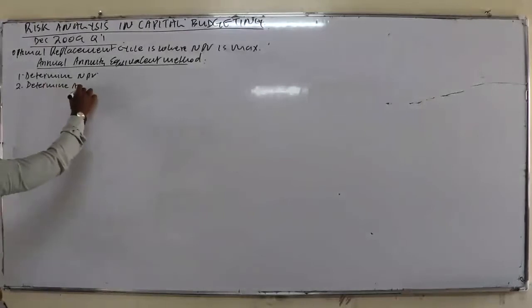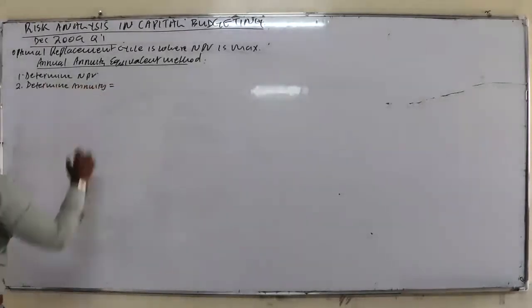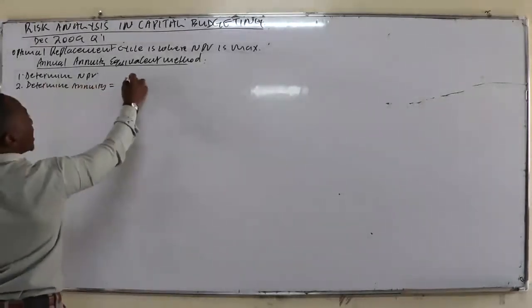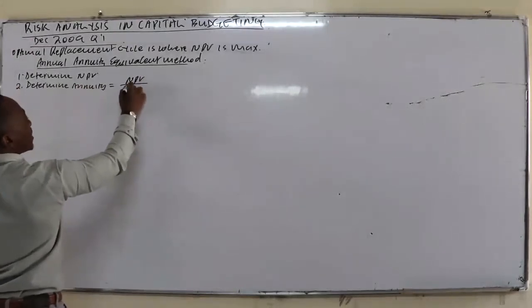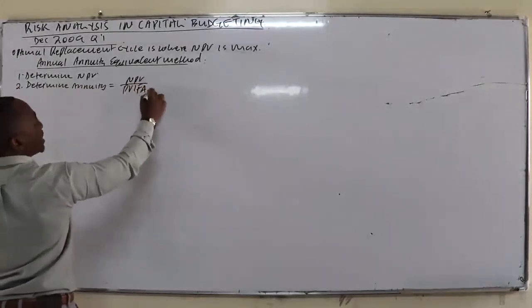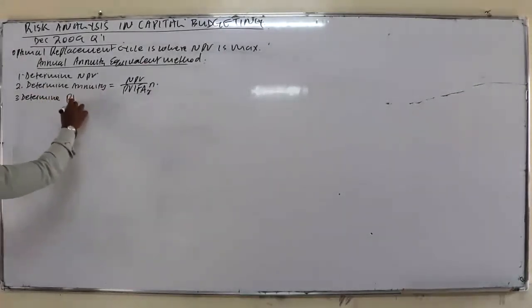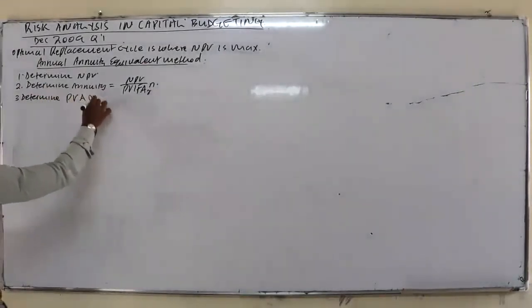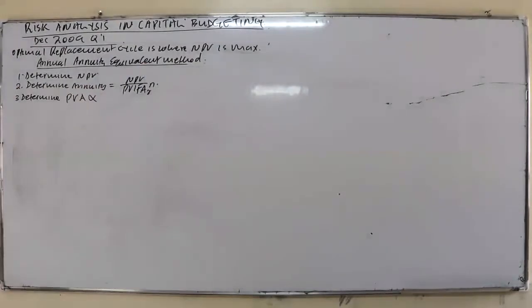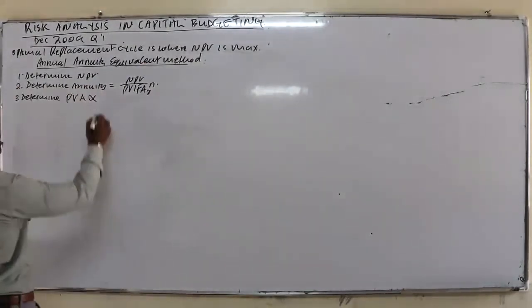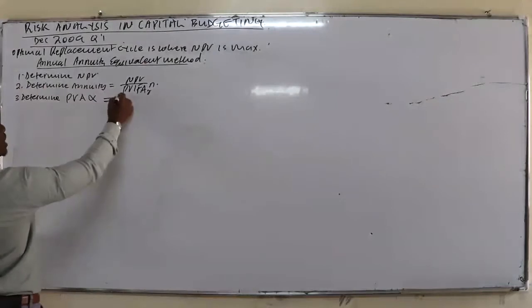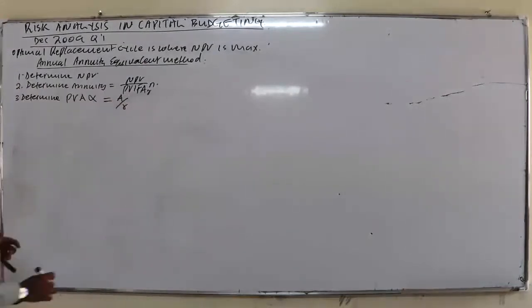How do we get the annuity? You take NPV and divide by the present value interest factor of an annuity at the given rate for the given period. Then, once you have the annuity, number 3, you determine the present value of an annuity until infinity. How do we get that? You take the annuity and divide by R.